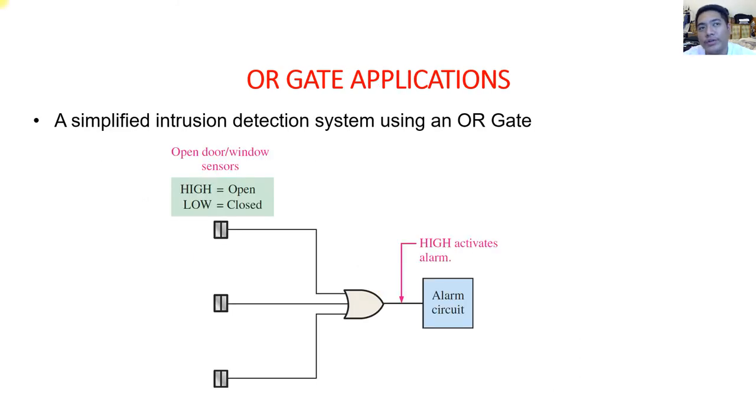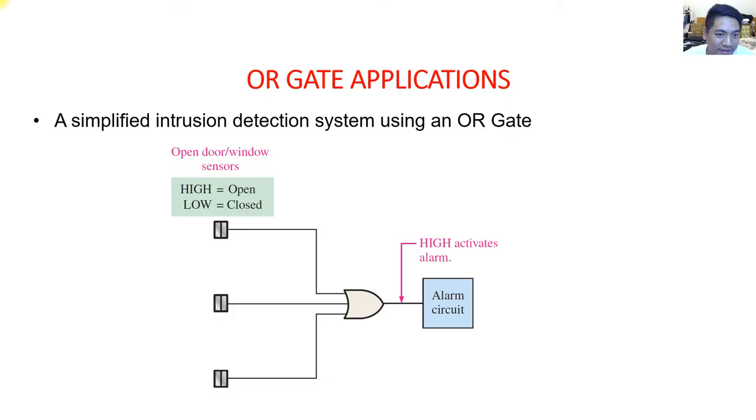OR gate application. For example, you are setting up a security system in your house, and of course you have sensors for different windows. Let's say you have 3 windows. If the thief tries to break through one of the windows, the alarm should be activated.